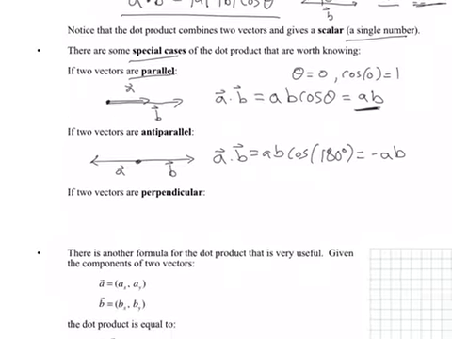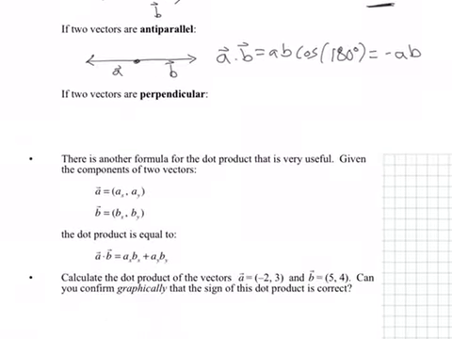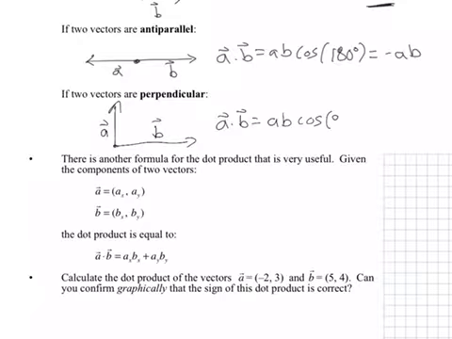And then our final special case is when two vectors are perpendicular. So if you have A pointing up and B to the right, so there's a right angle between them, then A dot B is equal to AB cosine of theta, which in this case is 90, and the cosine of 90 degrees is 0, so the dot product is 0.